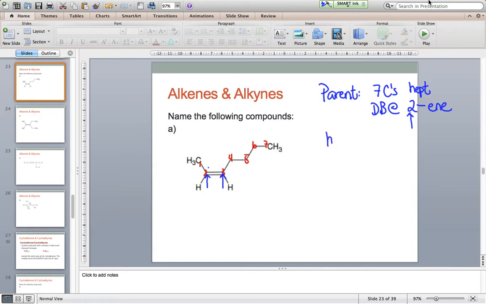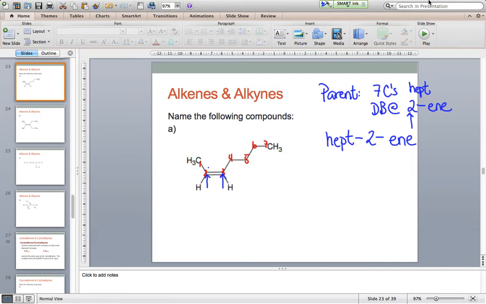If you take a look at how I wrote down for you the way that you put the name together, it's the prefix, so hept, then a dash, because that's how we separate numbers from words. The number of the location of the double bond, 2, and then another dash to separate that from more words, and then the suffix.